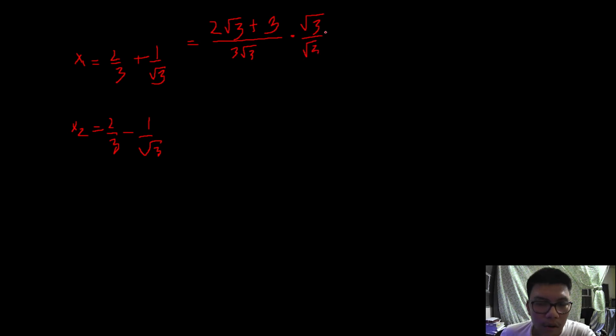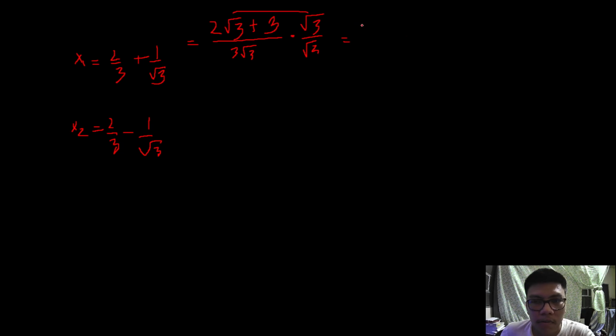Then x sub 2, dito siya. 2 over 3 minus 1 over square root of 3. So ito, simplify lang natin. So meron tayo ngayong, okay, di ba, nanggaling tayo dito, 3 square root of 3 times square root of 2 times square root of 3. Then plus, ito naman magiging 3. Okay? If you're going to rationalize this one, multiply square root of 3 over square root of 3. So ito, distribute lang natin.